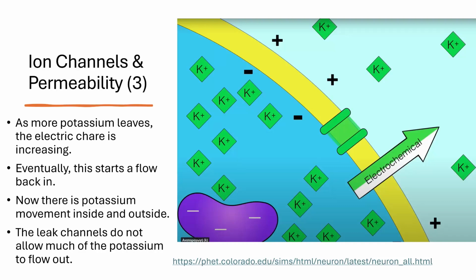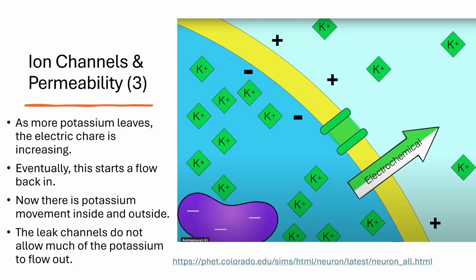As more potassium leaves, the electrical charge is increasing, and eventually this starts a flow back in, and now there is potassium movement both inside and outside.